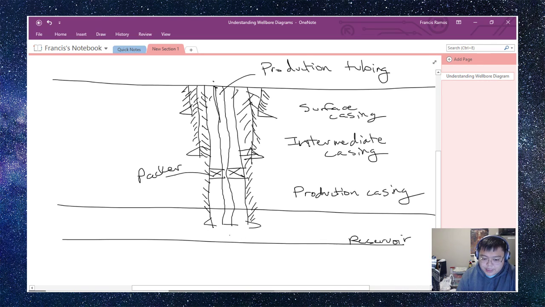In terms of sizing, the easiest way to explain this would be from our production tubing or casing.